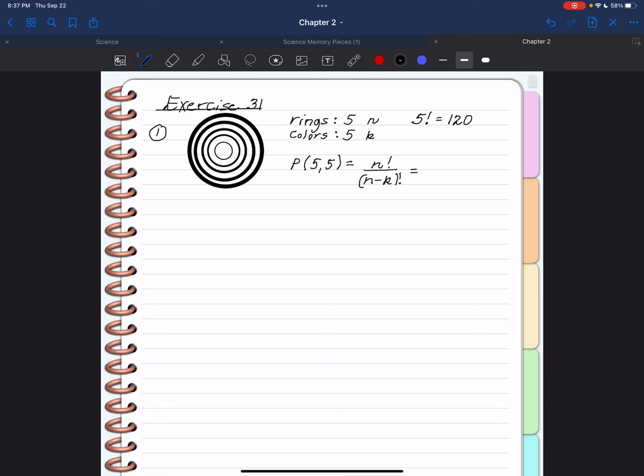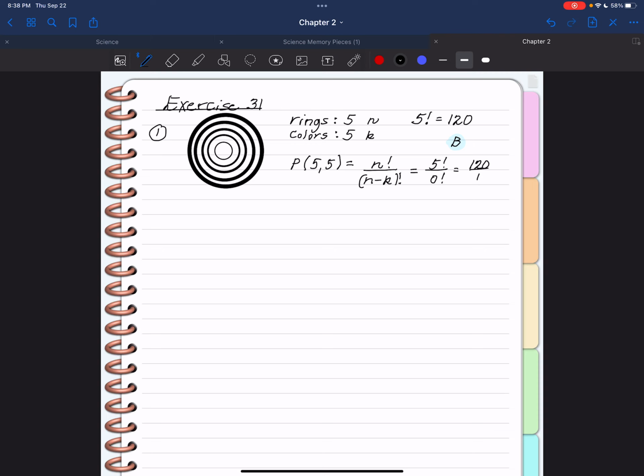So n factorial is 5. And then on the bottom we have 0 factorial. So we'll have 120 over 1, and that is 120. So I like answer B as in boy on this one. I also like that problem. I think I would very much like that floor, although it might give me a headache.